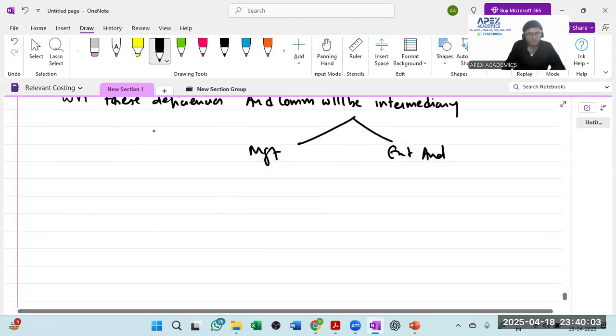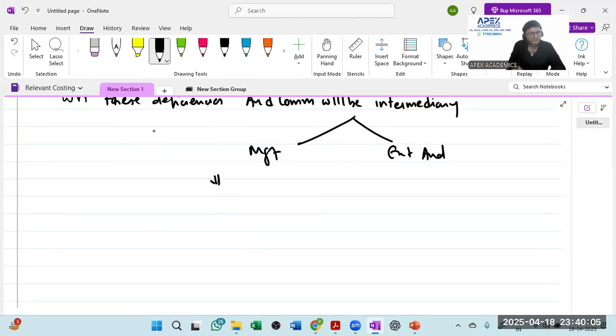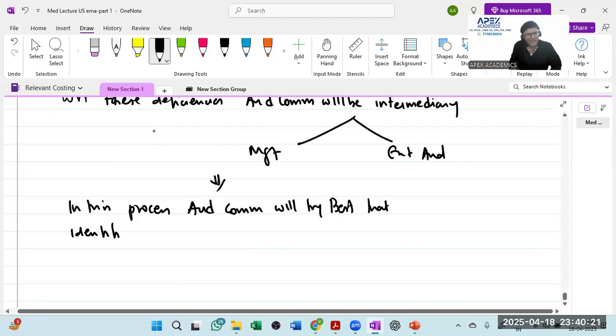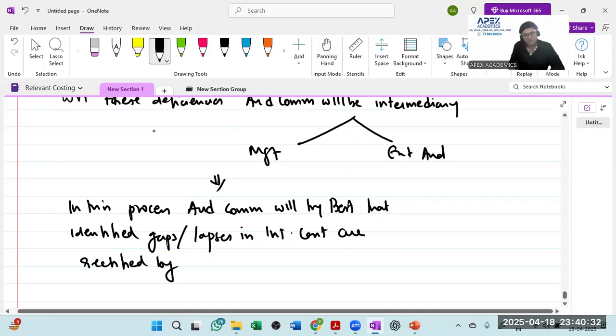In the process of being an intermediary, the audit committee will try its best that identified gaps or lapses in internal control are rectified by the management.